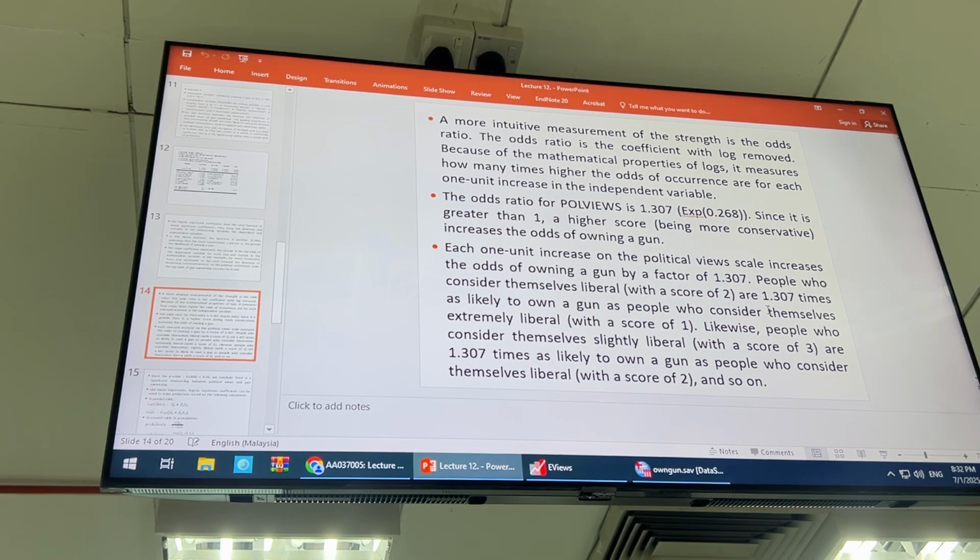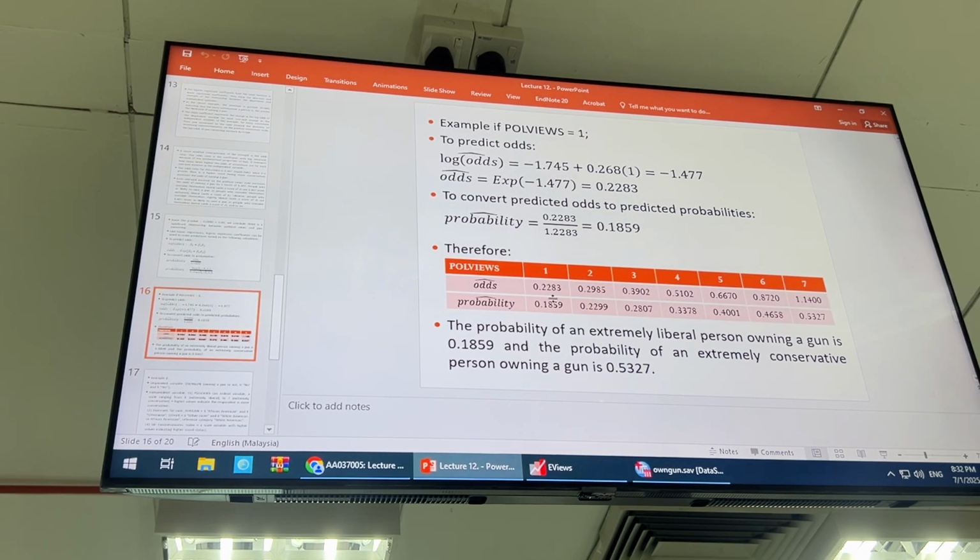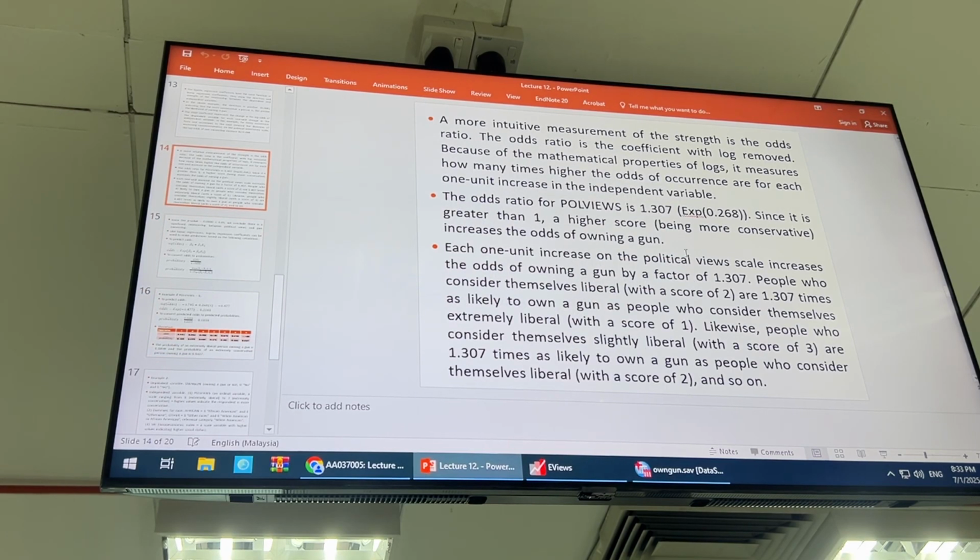Later on when you see the table, you'll be able to see the meaning of this 1.307. The higher the level of the political views, you multiply the odds ratio by 1.307.